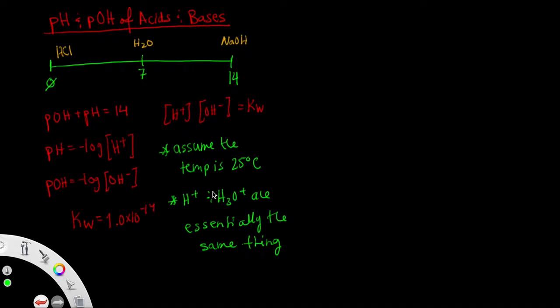And if we use a temperature above 25 degrees or below 25 degrees, our Kw value will be affected. Like if our temperature increases, our Kw value will actually increase and vice versa. So because we want to keep our equilibrium constant for water the same, we're only going to assume that the temperature is 25 degrees Celsius.